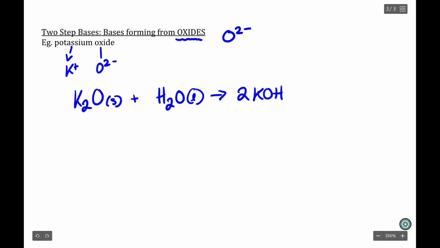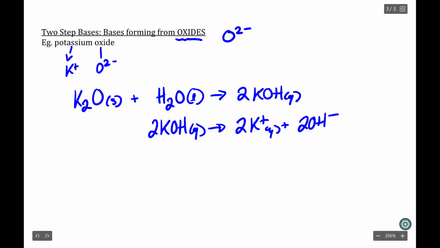Now if you're wondering, what? 2 KOHs? I just think of it this way. I have 2 Ks, I have 2 Os, I have 2 Hs, 2 of each would produce 2 KOHs. The 2 KOHs would then dissociate into ions, which would be 2 K plus aqueous plus 2 OH minus aqueous.